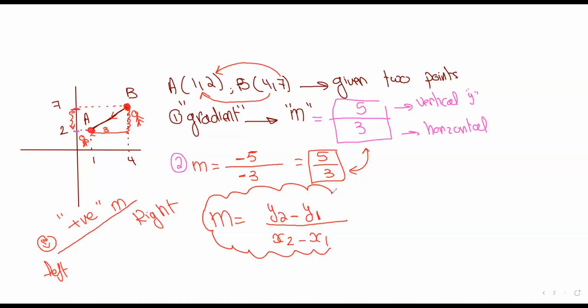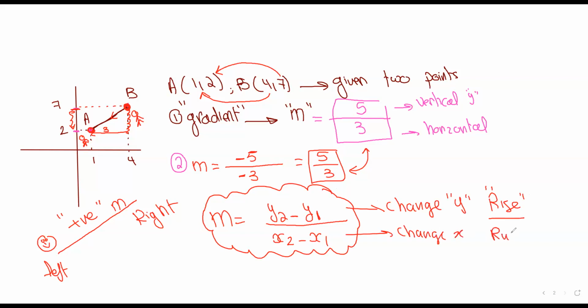This rule has to be memorized by heart. The change in y, or the change in the vertical motion, which we call the rise, over the change in x, which is the change in the horizontal motion, which we call the run: rise over run.